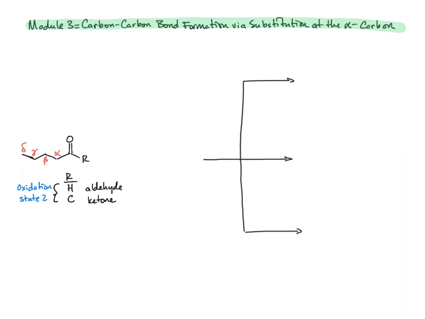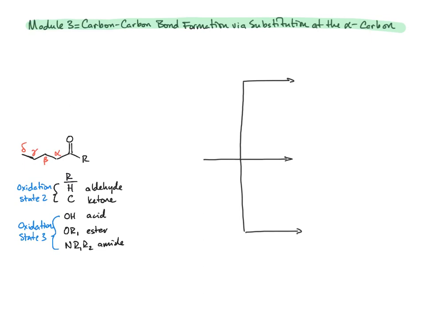Alternatively, we can have oxidation state 3 functional groups. If R is OH, that's an acid. If it's OR1, that's an ester. Or alternatively, we can have the amide functional group, and again, those would be oxidation state 3 functional groups, and they will only have one alpha carbon.